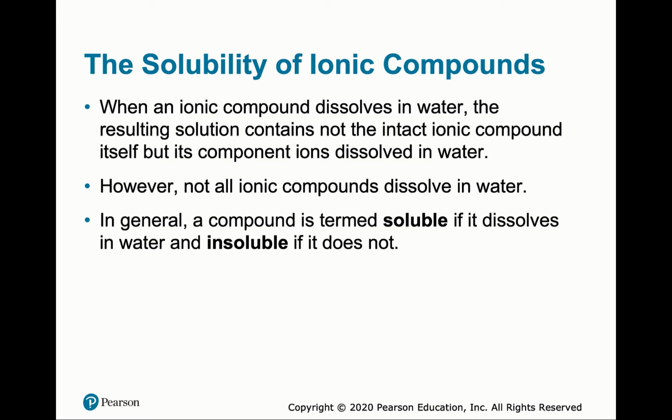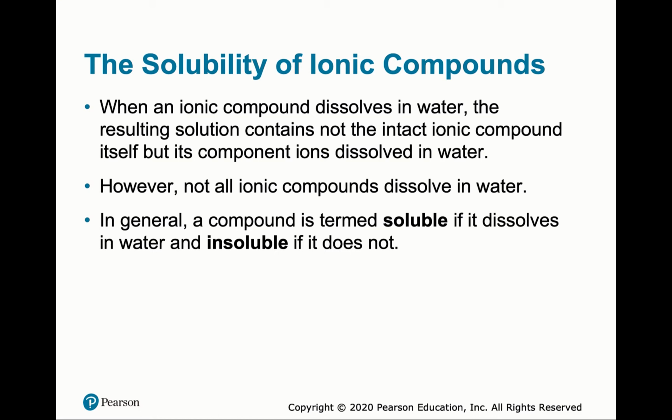The reason for that is, in order for something to become soluble, the attraction between the ions and the solvent has to be stronger than the attraction between the ions themselves. The way that electricity works, if it's a really concentrated charge in a small area, that's going to have a stronger attraction than a small charge that occupies a large amount of space.